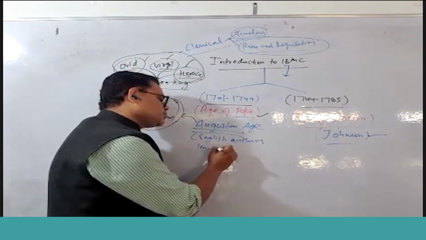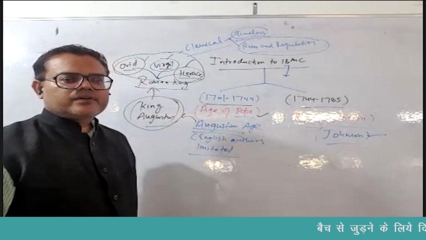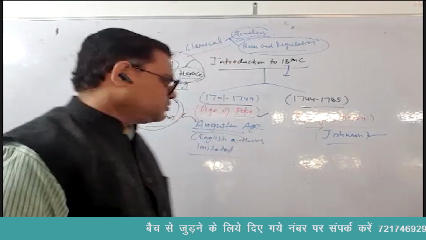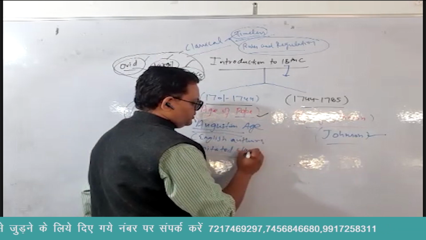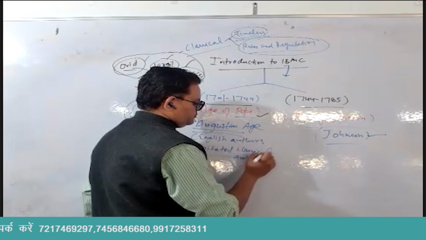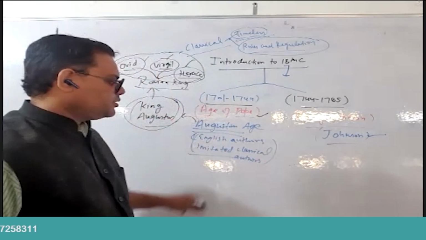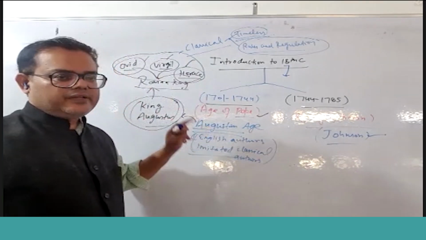Imitation is the most important word in the 18th century. They were always imitating. That's why they were artificial. They were not original. That's why this name is given, Augustan.